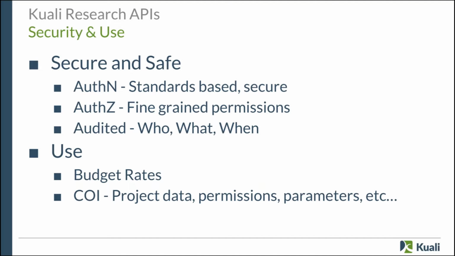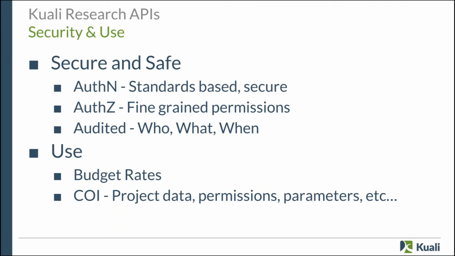A couple of examples of how we're using these today. If you've seen our new budget rates management tool, which drastically eases the process of managing multiple proposal and award budget rates, then you've actually seen these APIs in action. Also, as I already mentioned, our COI module is integrated with the rest of Kuali Research via the APIs.